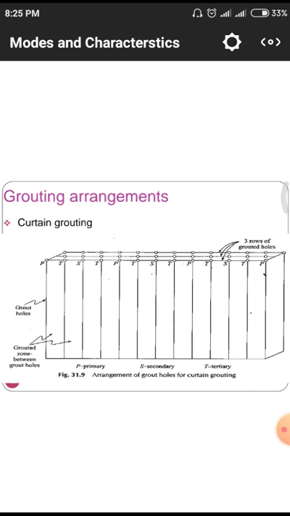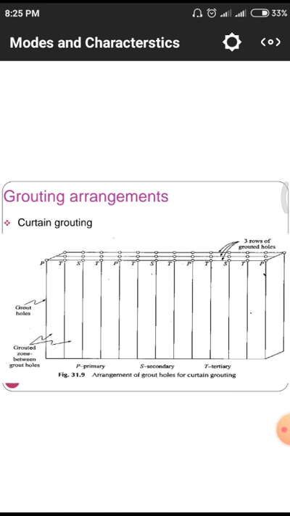After the fixing is over, they have to go for injecting these grouting materials. First of all they are utilizing curtain grouting, that means the total arrangement is in the form of a curtain, so it has the name curtain grouting. Three grout holes are there, parallel to each other.